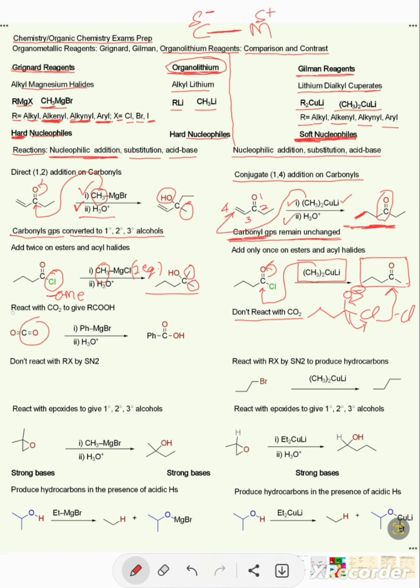However, the Grignard reagents will effectively react with carbon dioxide in again two steps to form the corresponding carboxylic acid. So here we have phenyl magnesium bromide, and we add that phenyl magnesium bromide by nucleophilic addition to the carbonyl group, and after acidic workup we get benzoic acid, the product.